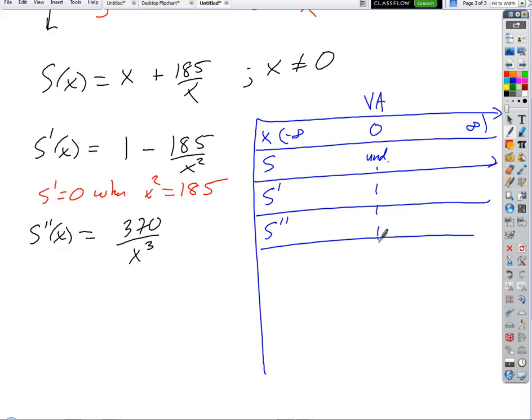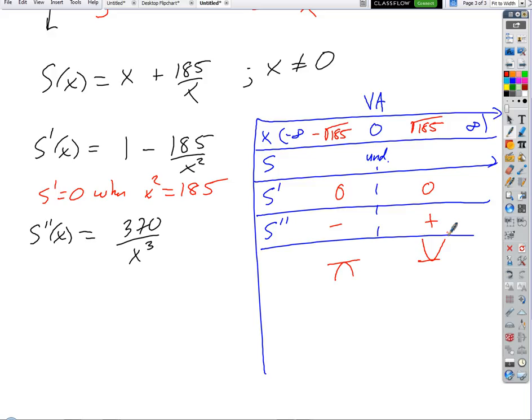And then our critical numbers are at positive square root 185 and negative square root 185. Those are zeros of the first derivative. So what are we gonna get for the sign of the second derivative? When x is positive, what's the sign of the second derivative? Positive. When x is negative, negative. Good. So then we know that this one is gonna be a maximum, and this one's gonna be a minimum.